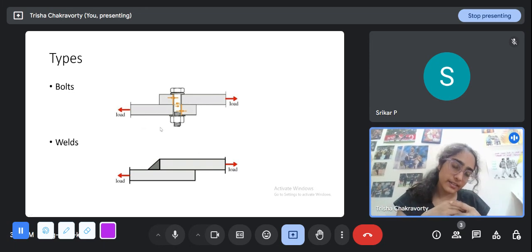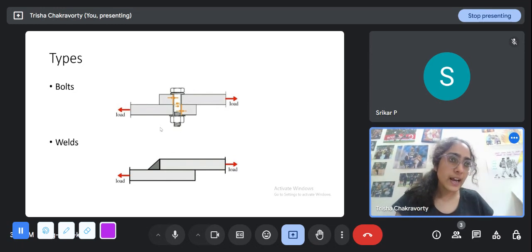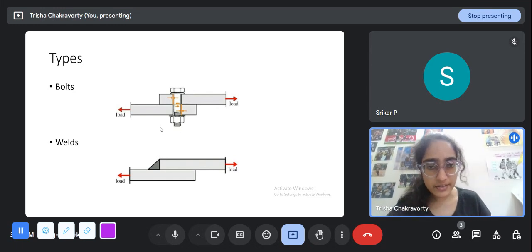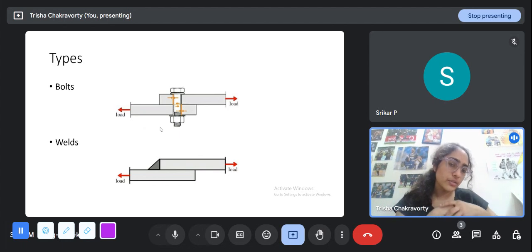If the nut is tightened sufficiently, there will be a normal reaction transfer between the two surfaces, and as a result friction will generate, that is the coefficient of friction into the normal reaction, as we know, the coefficient of static friction. So that friction itself will resist the load that has to be resisted.